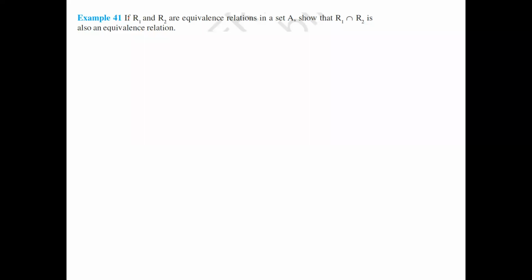What is an equivalence relation? It should satisfy reflexive, symmetric, and transitive. So R1 and R2 are equivalence relations, they satisfy all these conditions. Now I have to show that R1 intersection R2 is also an equivalence relation.